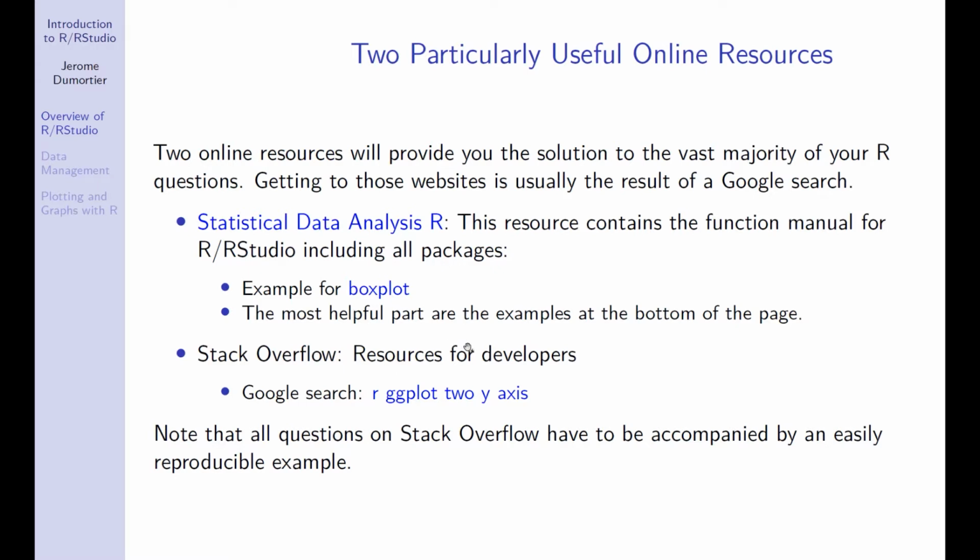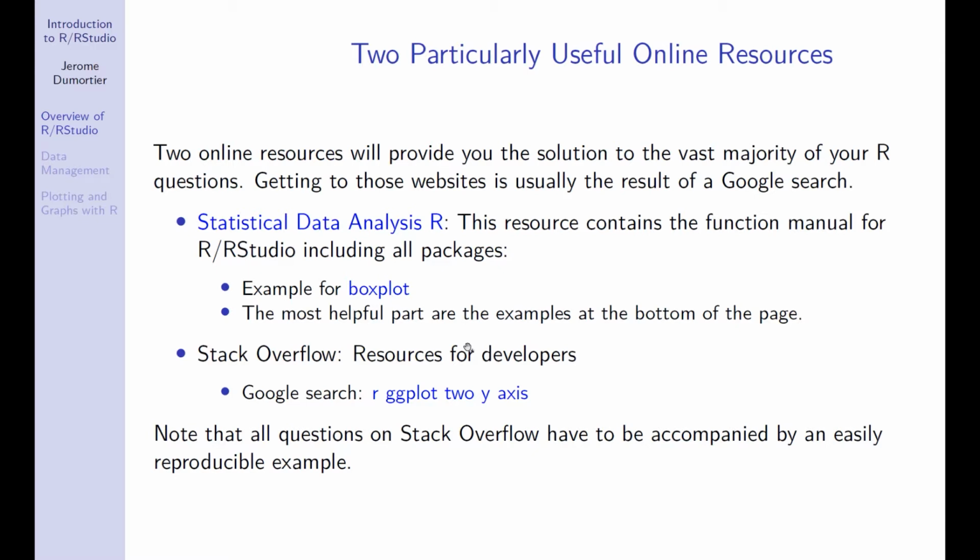So for example, suppose that you would like to know how to do a plot where you have two y-axes. Two y-axes means you have a y-axis on the left-hand side and a y-axis on the right-hand side, and you would like to know how to do that with ggplot.